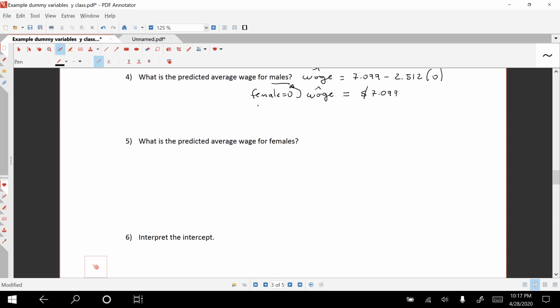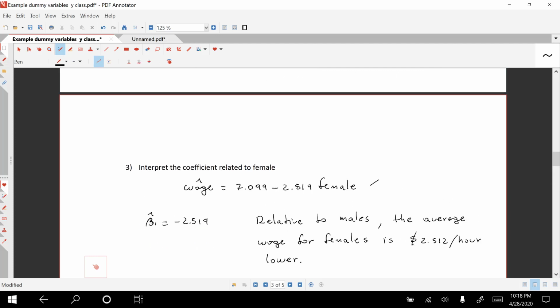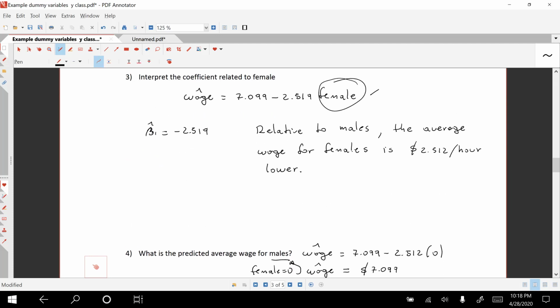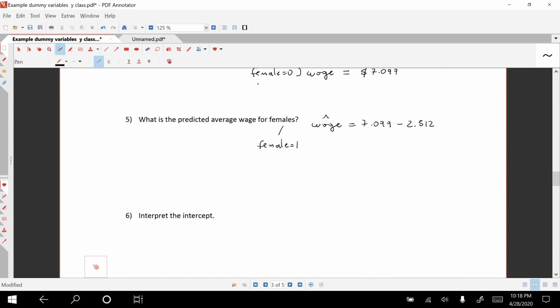The predicted average wage for females. So remember, for females, female is going to be equal to 1. So we have to plug into our estimated model, where we have female here, that's what I'm doing, using that equation at the top, times 1.